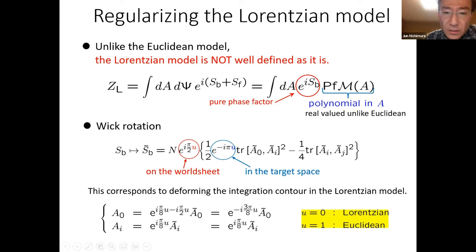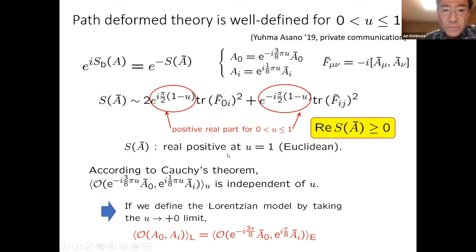If you make this integration contour deformation, you find that the theory is always bounded below. If you write this bosonic action S of A tilde like this, this coefficient and this coefficient are both positive real for u in this region.